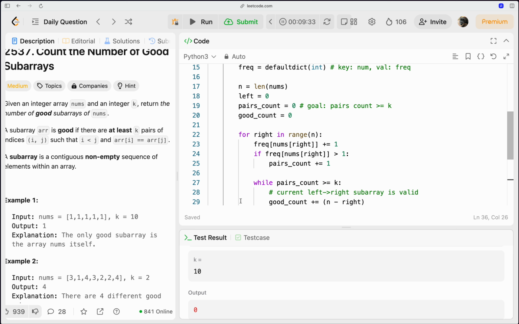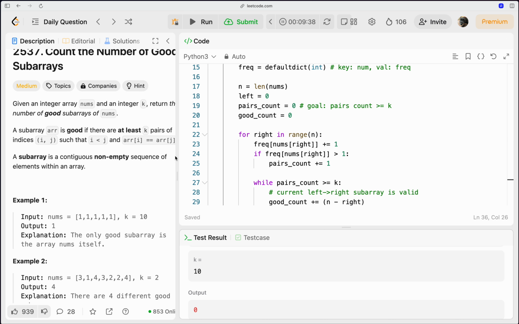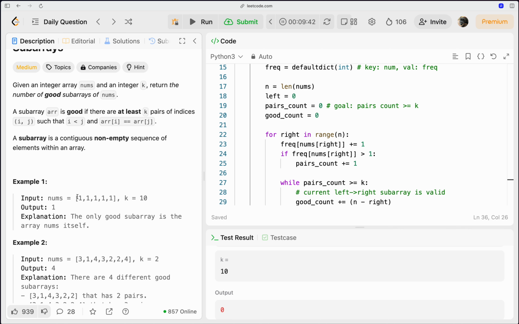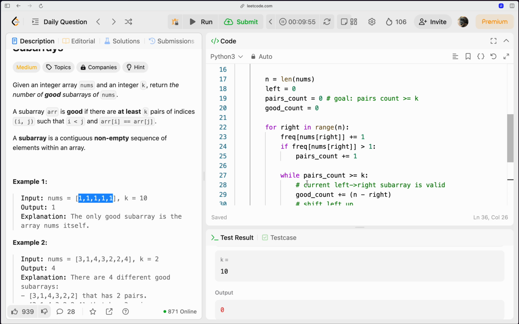Oh, I think it matters if the frequency is different. Like if our frequency is 5, that doesn't mean we have 5 pairs. We actually have 10 pairs.